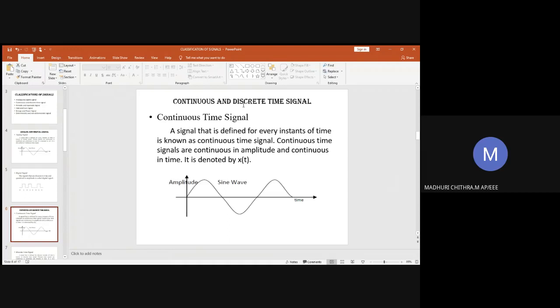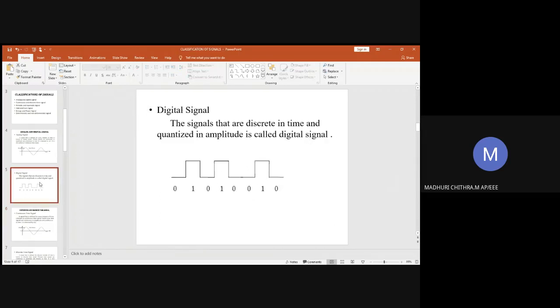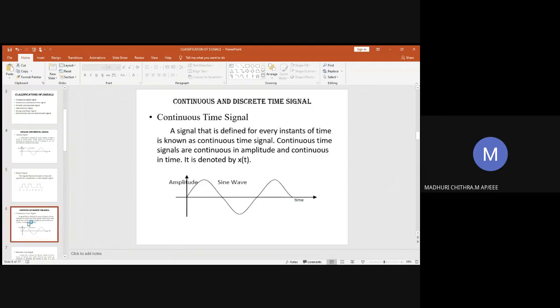Continuous and discrete time signals. A signal that is defined for every instant of time is known as a continuous time signal. Continuous time signals are continuous in amplitude and continuous in time. It is denoted by x of t. First of all, it's an analog signal. We have studied analog signals and digital signals; here we are going to study continuous signals and discrete signals.